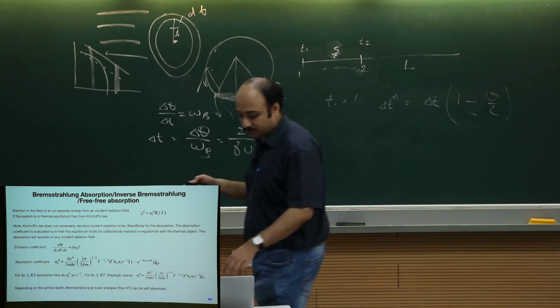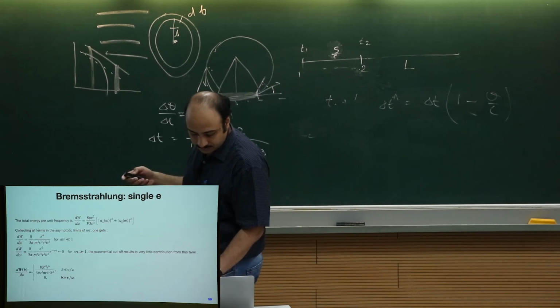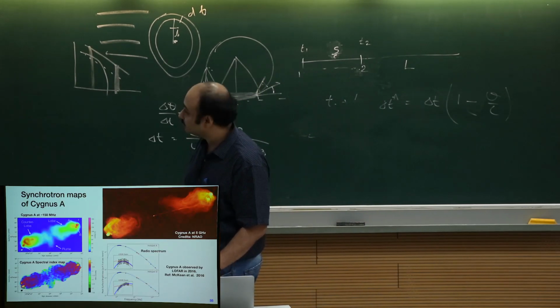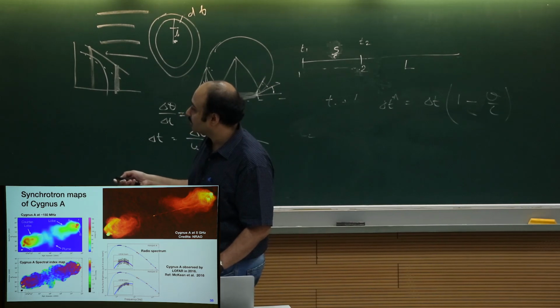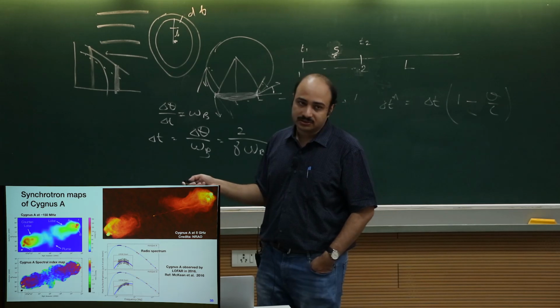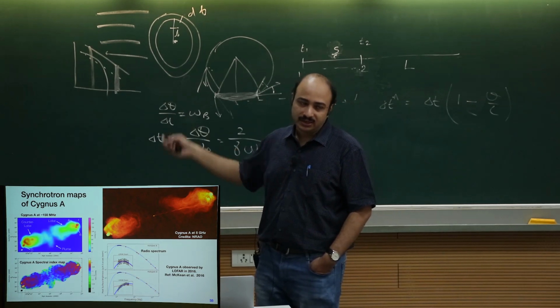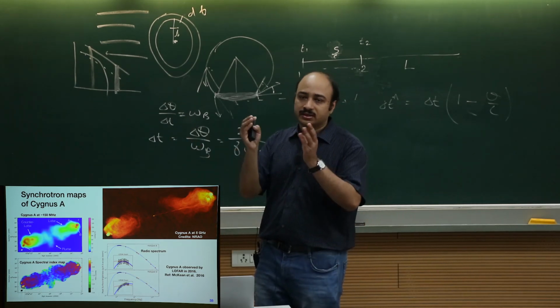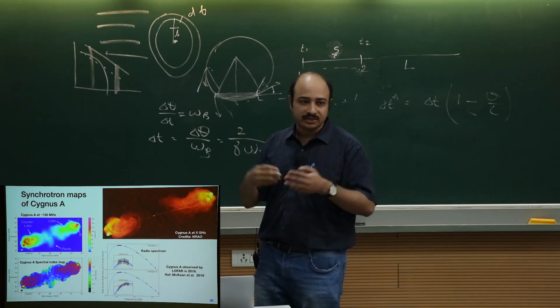I just showed you the jets here. I've removed the slides, but this is something that we did in 2018. So these jets are emitting synchrotron radiation. This is a large jet, this is Cygnus A. There are also smaller jets that are confined within the host galaxy itself.